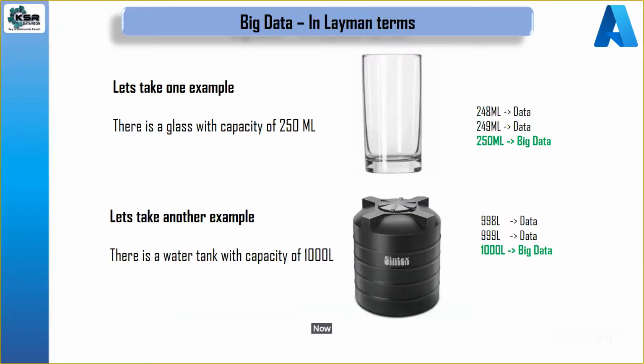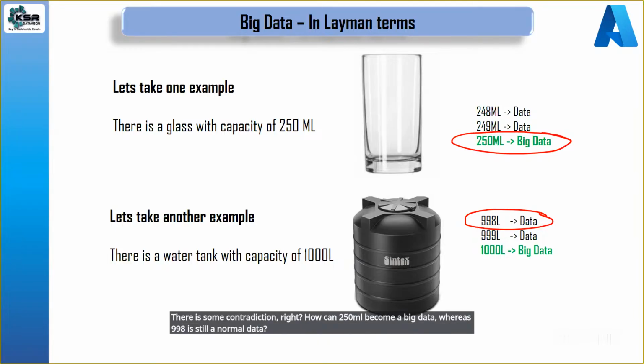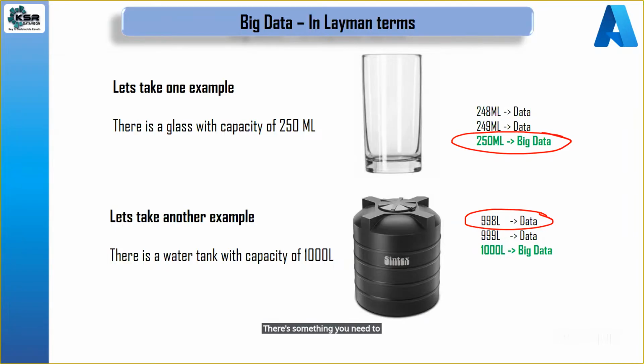Now tell me, here 998 is still called normal data, but how come 250 ml is called big data? There is a contradiction, right? How can 250 ml become big data, whereas 998 is still normal data? There's something you need to think about. What is that? Come on, tell me.